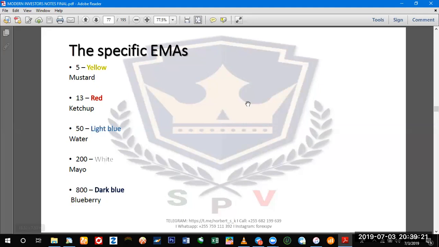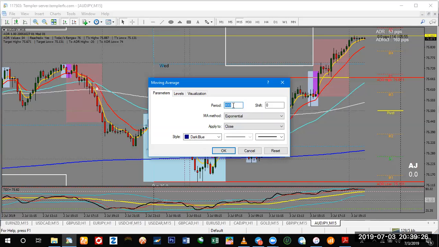When the EMA has a period of 5, it means that it calculates the prices of the previous 5 candlesticks.